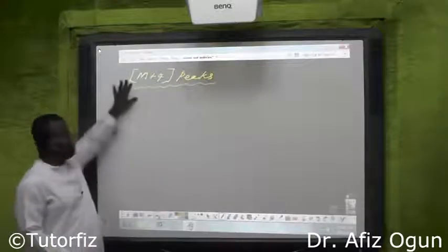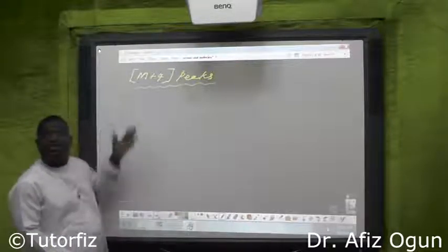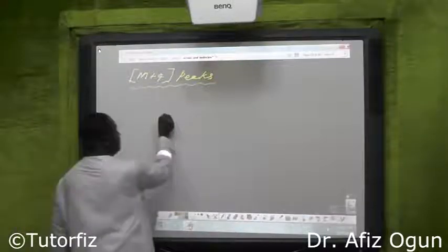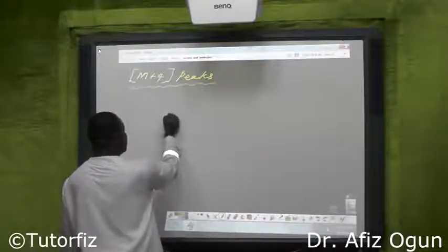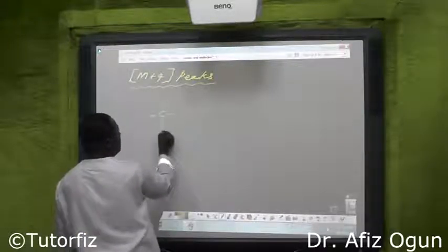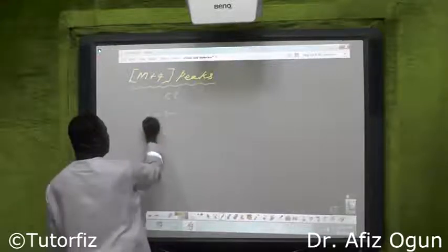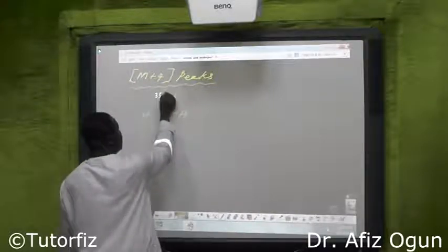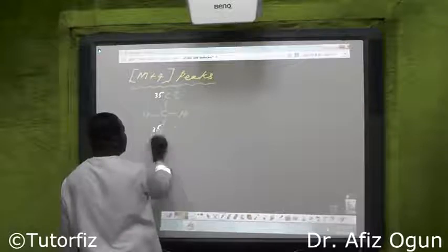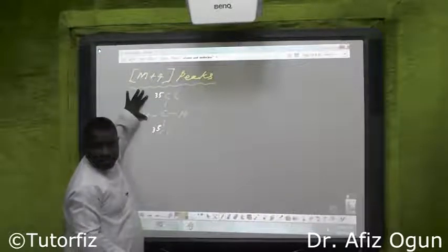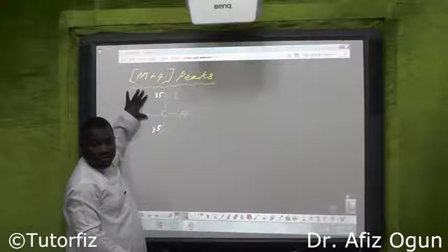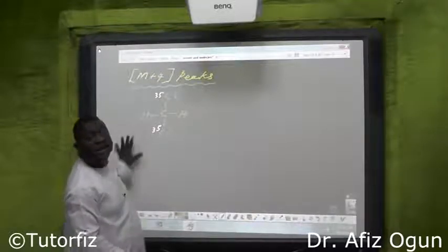Now let's continue. M plus 4, where does it come from? Sometimes I have dichloro, CH2Cl2. This Cl may be 35, 35. This is the M peak. What if it is not like this?